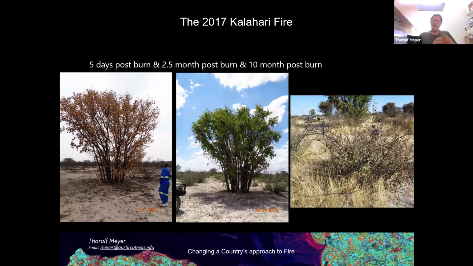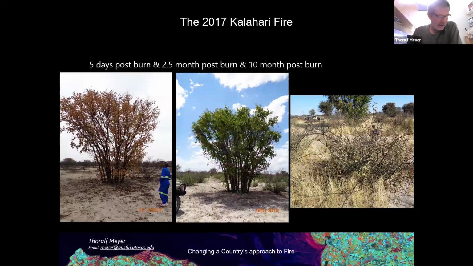So in this part of the research, we have set up over 60 monitoring stations. And we essentially established that after one growth season, a shrub that has been burned into the ground, where there's nothing visible anymore, will be back to about 70% of its volume, 45% of its mass after 1 year of growth.